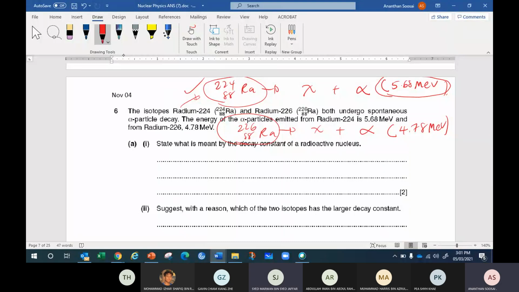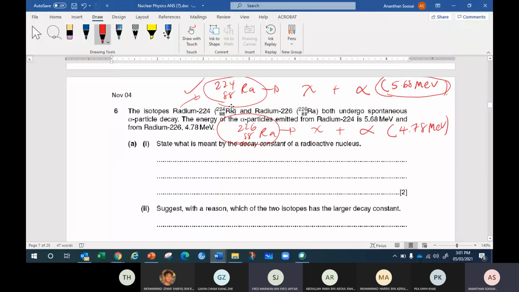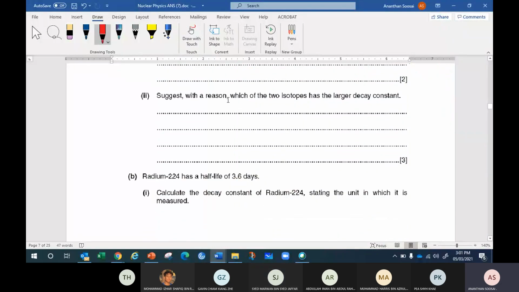Because 224 releases more energy, radium-224 is more unstable. Therefore, it has a greater decay constant. So, 224, why? Because more energy is released during the nuclear process, so radium-224 is more unstable, therefore a large decay constant.